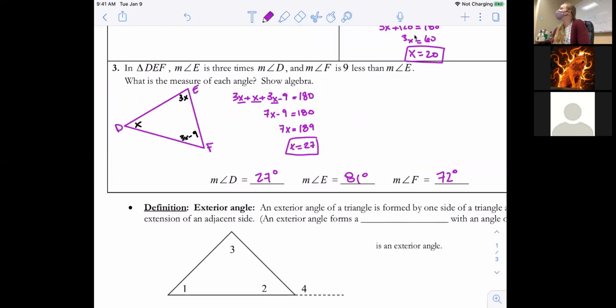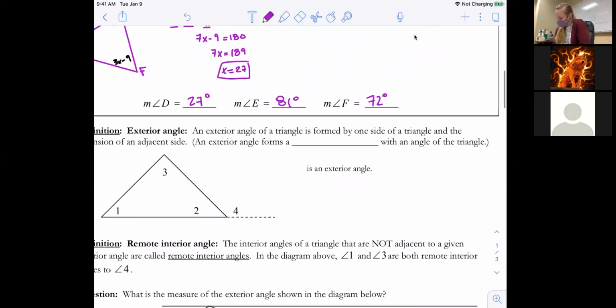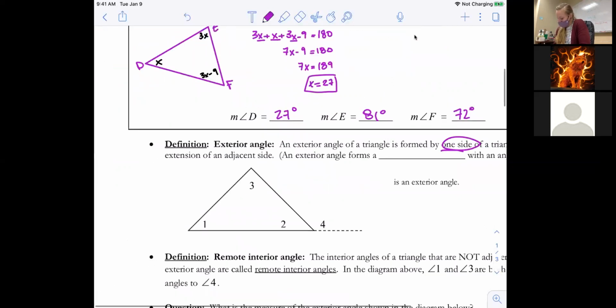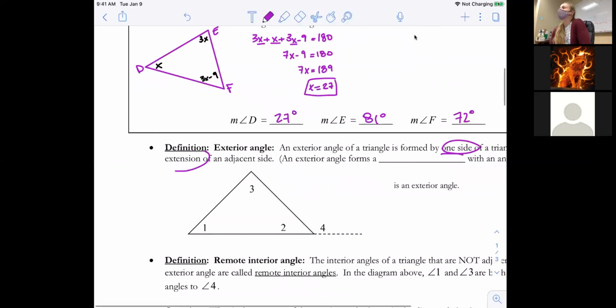Any questions? All right. The next part is adding to our idea of triangles. Now it's talking about an exterior angle. What does exterior mean? I heard it. Outside, just outside the triangle. Technically, it's formed by one side of the triangle and the extension of its adjacent side.